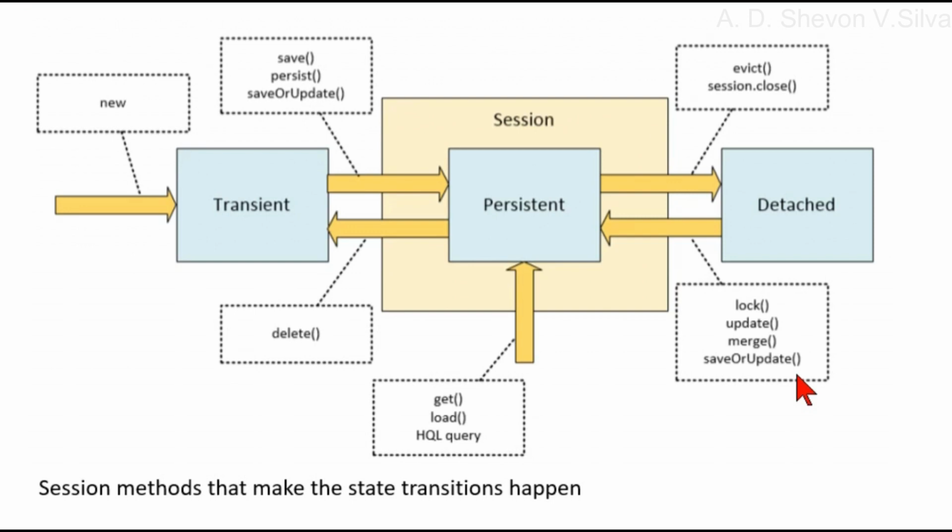The main difference of the save or update method is that it doesn't throw an exception when applied to a transient instance. Instead, it makes the transient instance persistent.